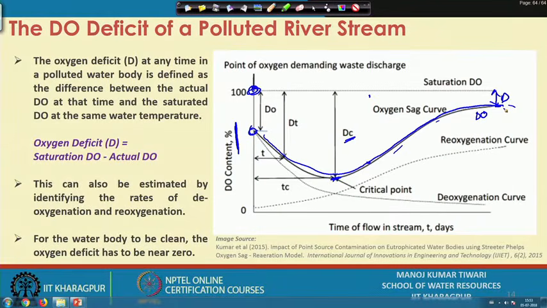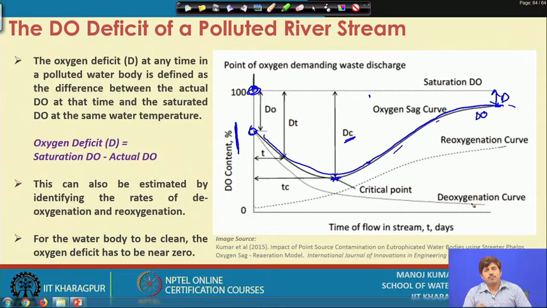So, the fall in dissolved oxygen is essentially because the organic matter is being decomposed, and this process is consuming the dissolved oxygen. This process is called the deoxygenation process, and you can see a deoxygenation curve here.